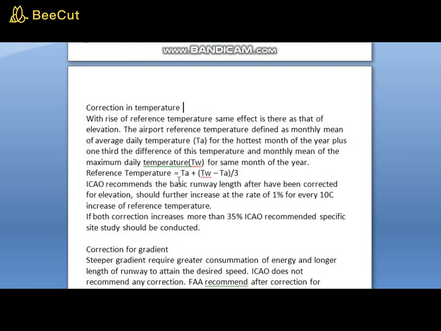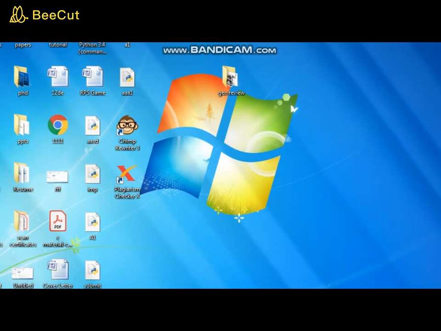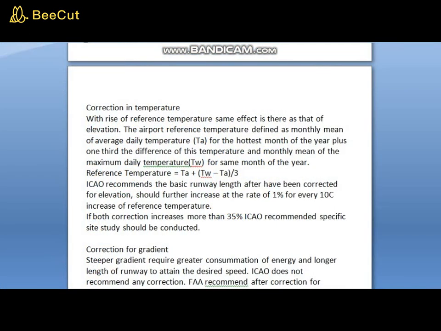Correction in temperature. With the rise of reference temperature, the effect is the same as that of elevation. The airport reference temperature is defined as the monthly mean of average daily temperature for the hottest month of the year plus one-third the difference of this temperature and the monthly mean of maximum daily temperature for the same month of the year.